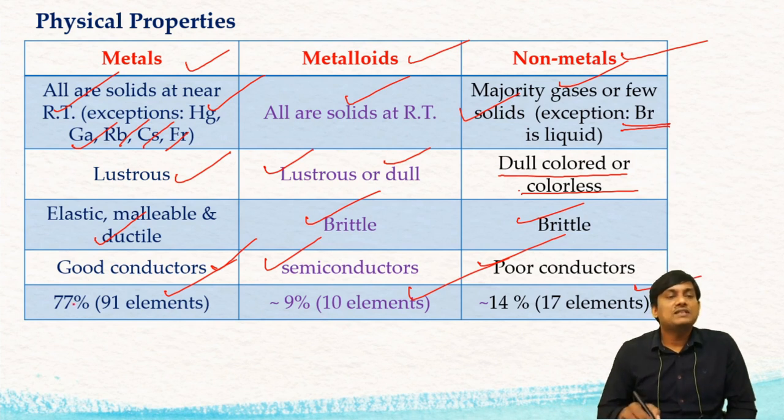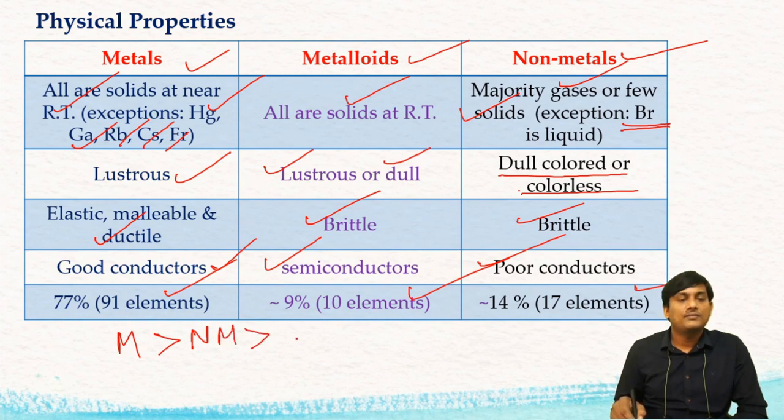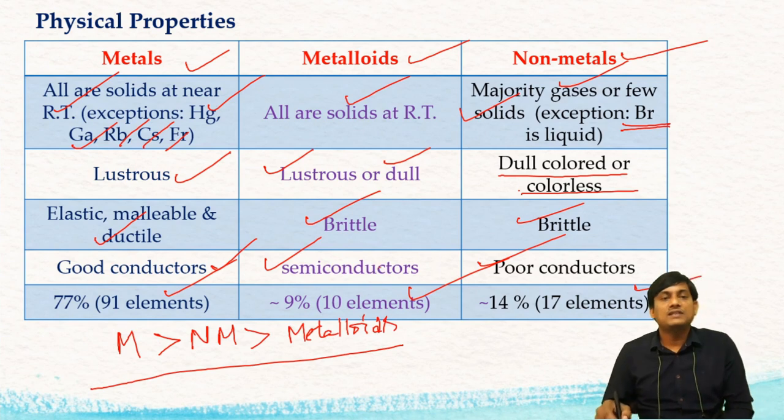So nearly 77% of elements are metals, 9% are metalloids, and 14% are non-metals. So this is the order: metals greater than non-metals greater than metalloids. This is the order of abundance of elements in the periodic table.